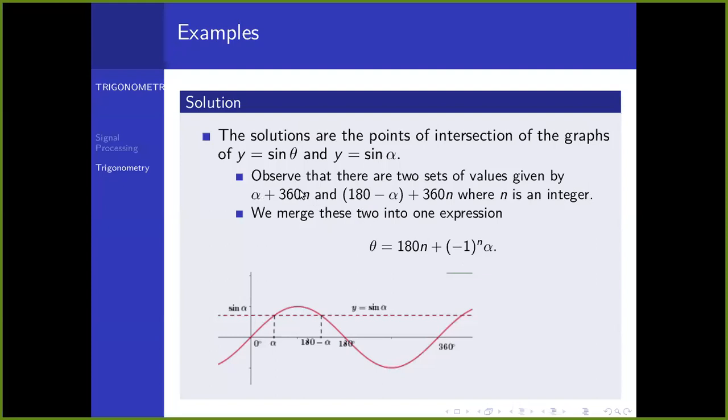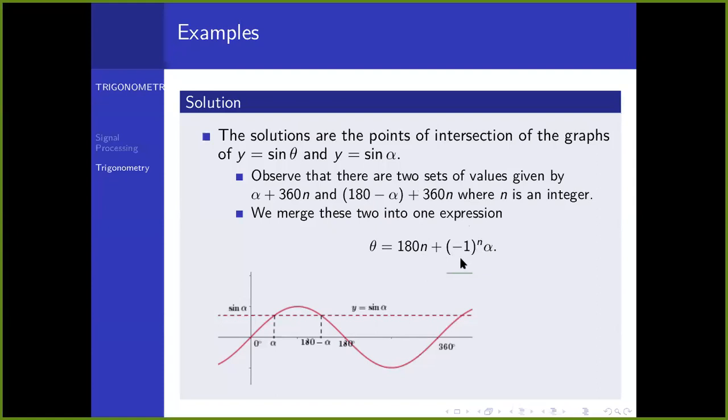So for instance, when n is even, you will have multiples of 360. When n is odd, these are the terms you'll be computing, because they're the ones that will have a negative alpha. So when n is odd, that negative is obtained through this value here.